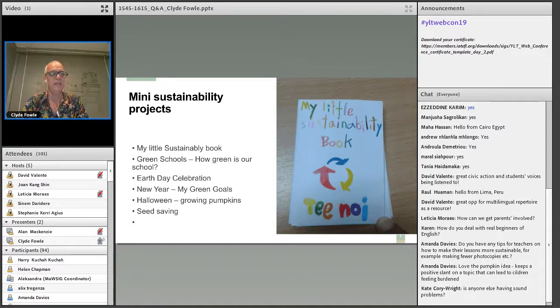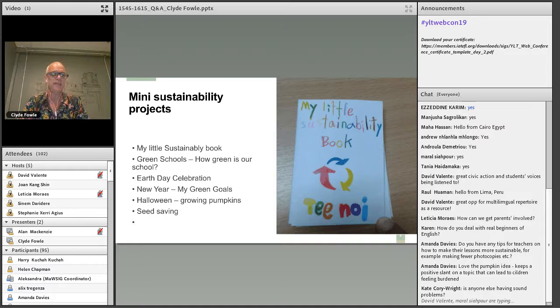I got a packet of pumpkin seeds and I gave each student 2 seeds to take home and plant. In class, we potted some up that we kept in class, but I gave students seeds to take home. And many of them did that, with their parents, and the kids came back telling me.